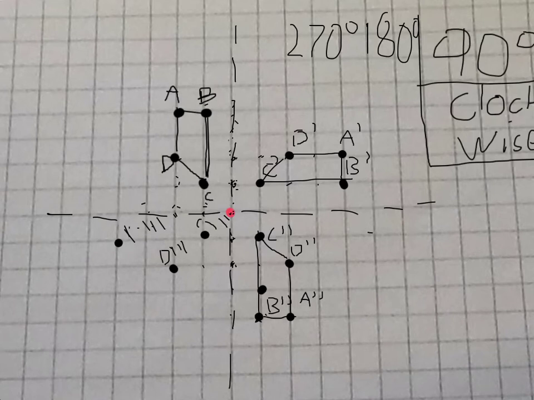B triple prime. And the last point is 4 up and 2 to the left. So the last point would be right there under the B triple prime point.